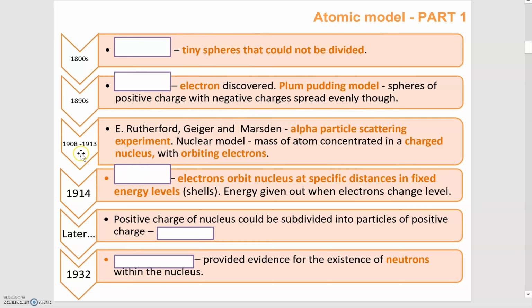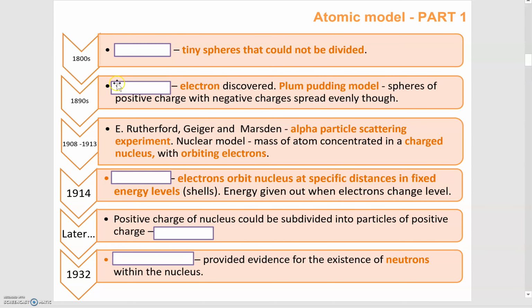We then got 1908 to 1913, the alpha scattering experiment, which found the charged nucleus. 1914, electrons orbiting at specific distances in energy shells. Later on, we got the positively charged nucleus. And 1932, the final one. So let's have a look at what these mean to you.